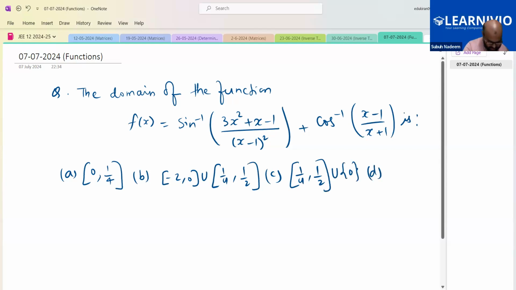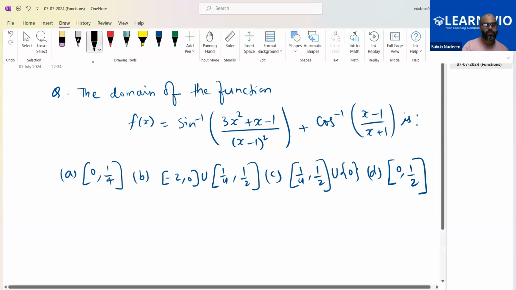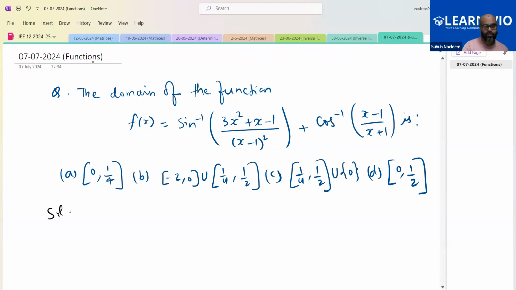Option D is 0 comma half. Try this, then we'll discuss.